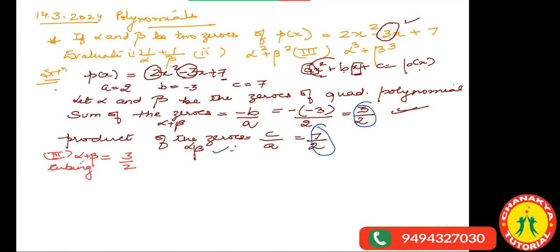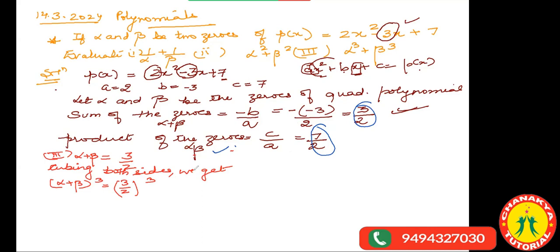So cubing both sides, we get alpha plus beta whole cube is equal to 3 by 2 whole cube. Now, who will tell this identity, a plus b whole cube? a cube plus b cube plus 3ab into a plus b.